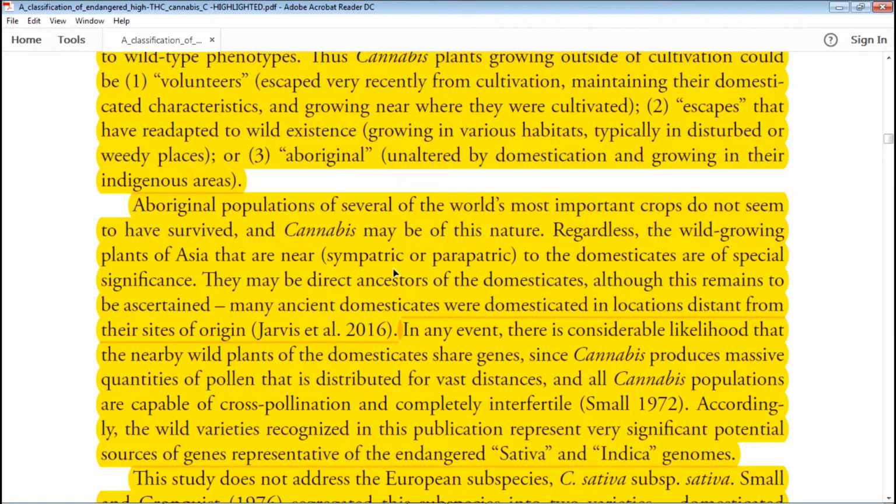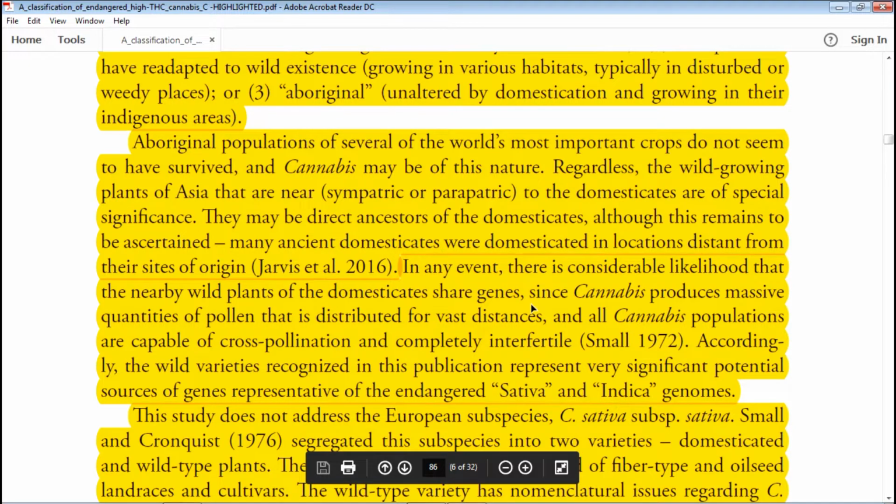They may be direct ancestors of the domesticates, although this remains to be ascertained. Many ancient domesticates were domesticated in locations distant from their sites of origin. In any event, there is considerable likelihood that the nearby wild plants of the domesticates share genes, since cannabis produces massive quantities of pollen that is distributed for vast distances, and all cannabis populations are capable of cross-pollination and completely interfertile (Small, 1972).